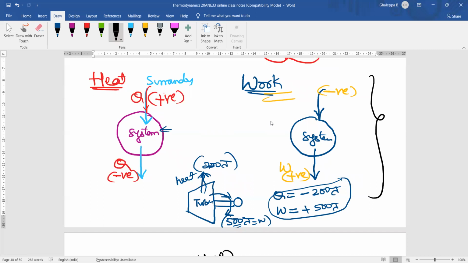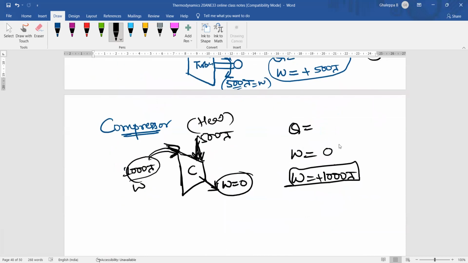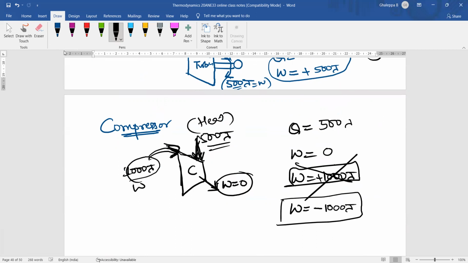Work supplied to the system is negative, so this one is wrong. It should be minus 1000 joule. Heat supplied to the system is positive 500. Okay, do not get confused.